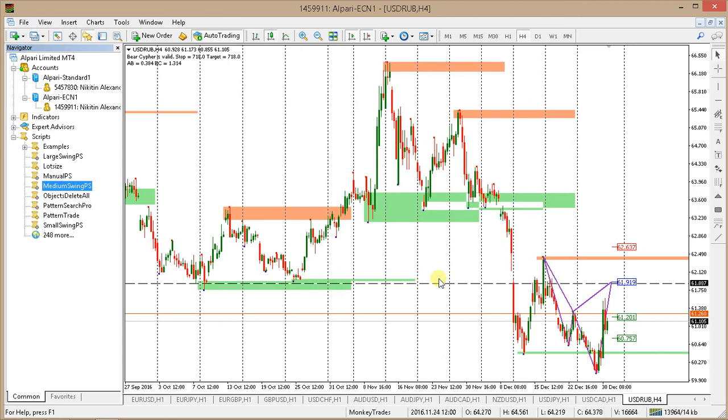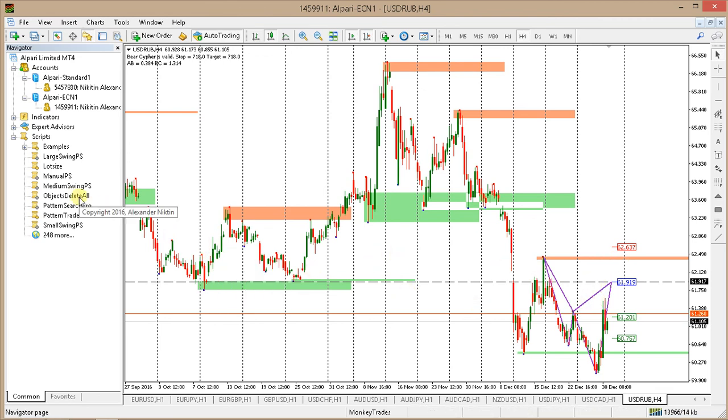You can see the support and resistance zone here, the support zone here. It acted as resistance here, and now it should act as resistance as well. So we have a valid cipher pattern on the 4-hour time frame. You can see it appeared very fast.